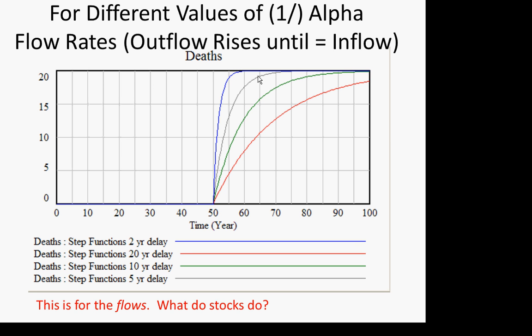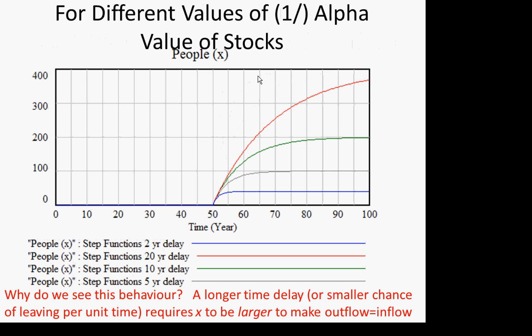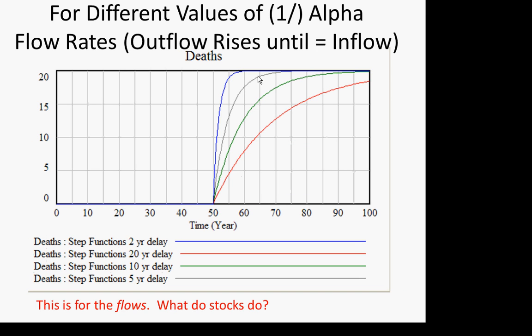What does the stock do? Well, the stock also rises, but it rises to different levels. Why does it rise to different levels? I mean, after all, with these different delays, the outflow rises to the same equilibrium, right? Do people grok that?